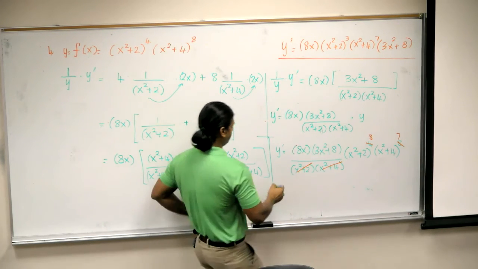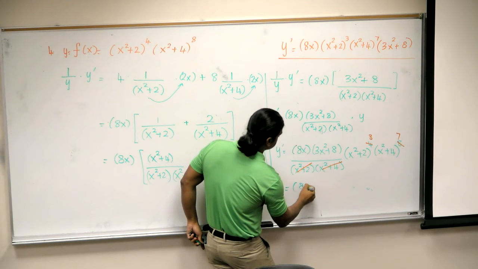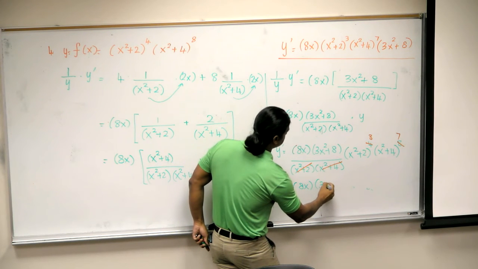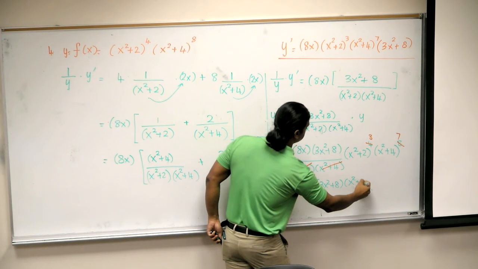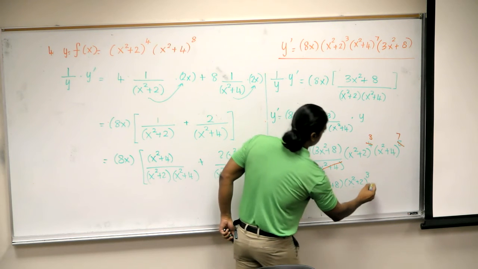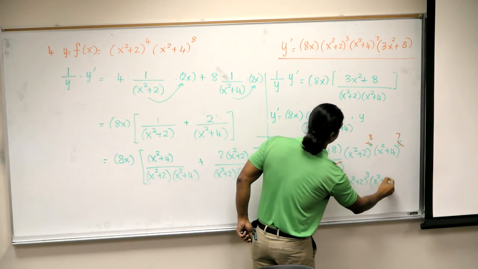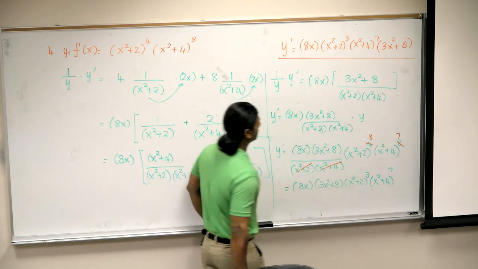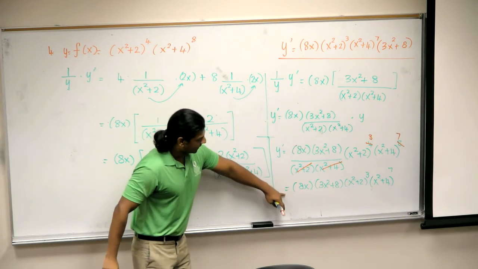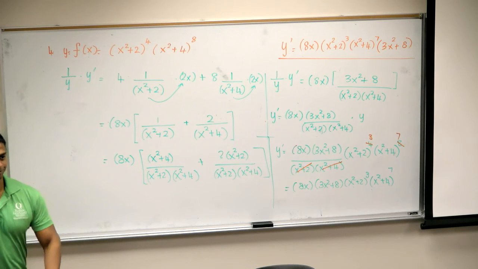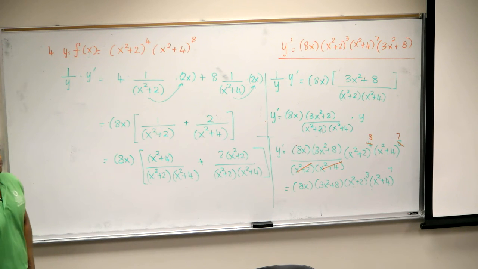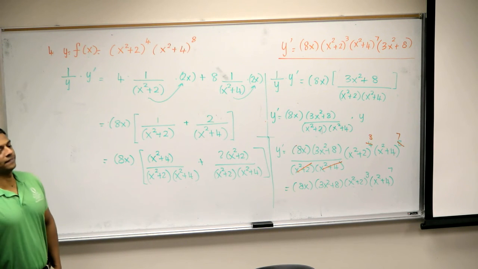So the answer is 8x times 3x squared plus 8 times x squared plus 2 cubed times x squared plus 4 raised to 7. Is this answer the same as that one? From method 1, they are one and the same.